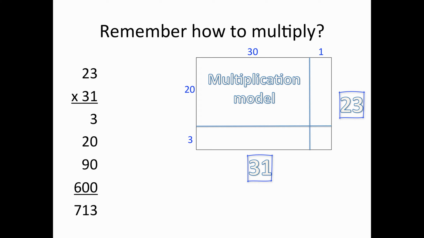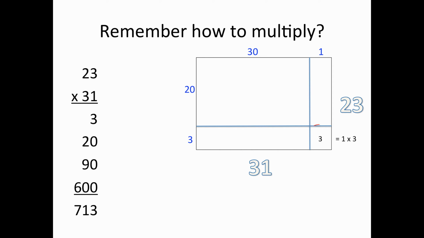What we're going to do is find the area of each of the little rectangles that you see and then add them together. So, starting in the lower right, that space is 3 times 1, so that has an area of 3. Next, above that, it has dimensions of 1 by 20, so the area is 20.